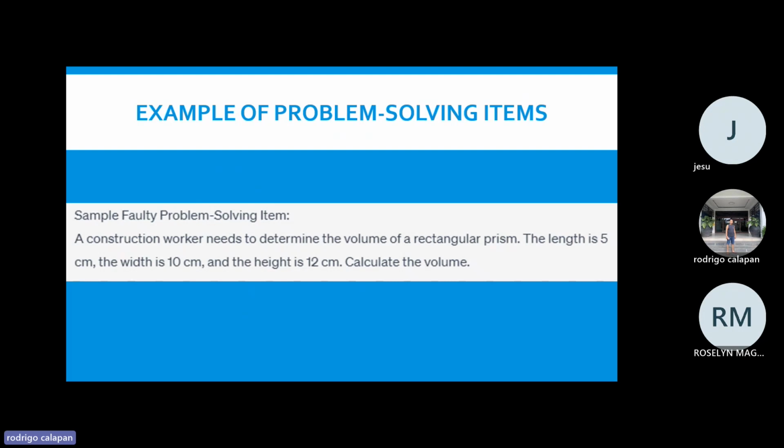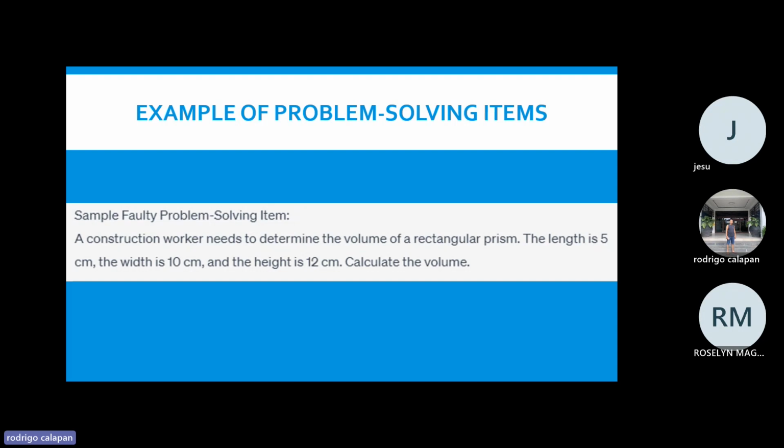Ayan. This is a sample of faulty problem solving items. A construction worker needs to determine the volume of a rectangular prism. The length is 5 centimeter. The width is 10 centimeter and the height is 12 centimeter. Calculate the volume. So this problem solving item is considered faulty because it does not provide any clear instructions on the formula or method to be used for calculating the volume of a rectangular prism.